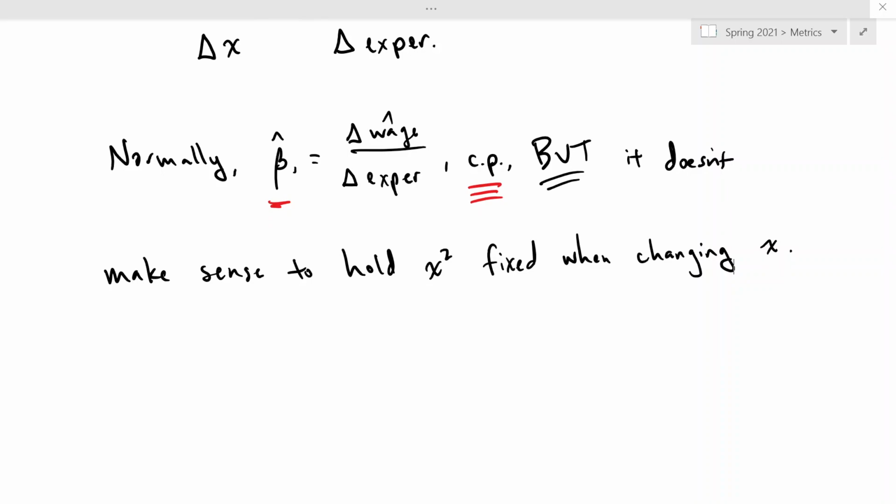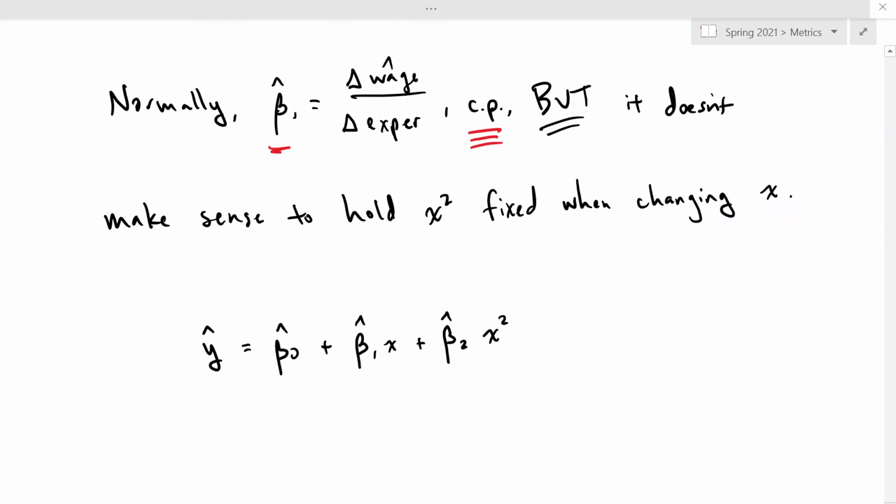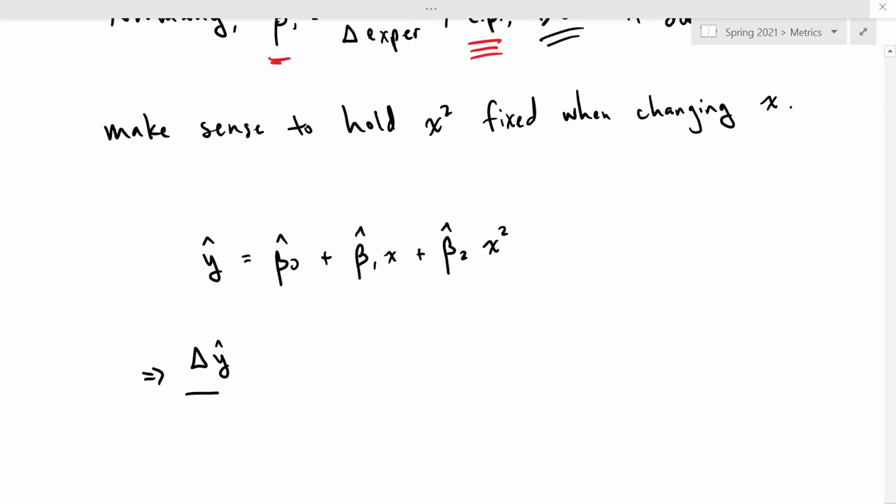So we can use a little bit of math. If we had a generic formula here, beta 0 estimate plus beta 1 x plus beta 2 x squared, ultimately, we can use a little mathematical manipulation, and if we want to look at that change in y with respect to a change in x, that's going to approximately equal beta 1 plus 2 beta 2 x.